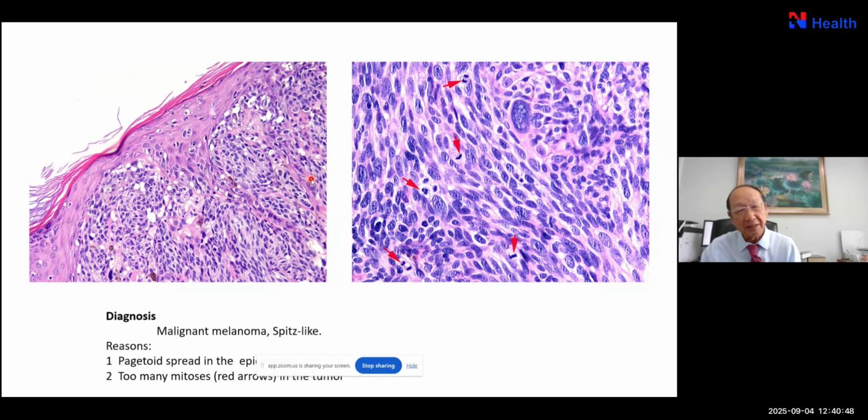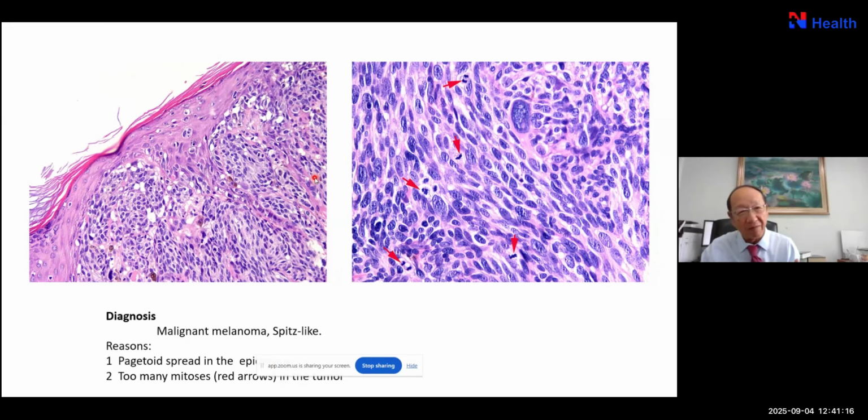I have seen quite a few Spitz nevi in children as young as a newborn, diagnosed as congenital melanoma or melanoma without question, and after follow up, there is no recurrence or anything. The child appears to grow up normally and become an adult.